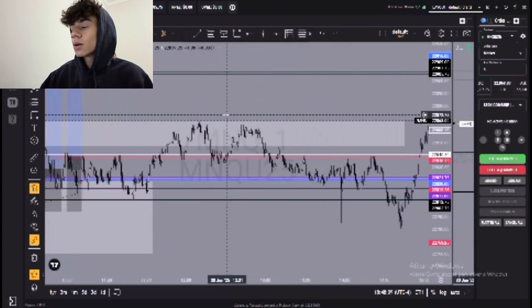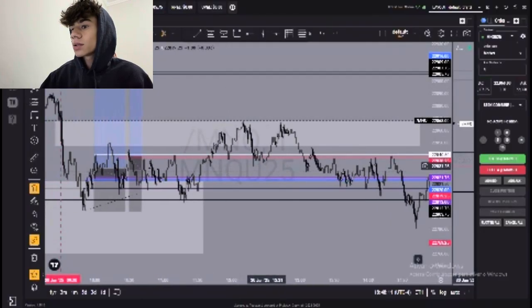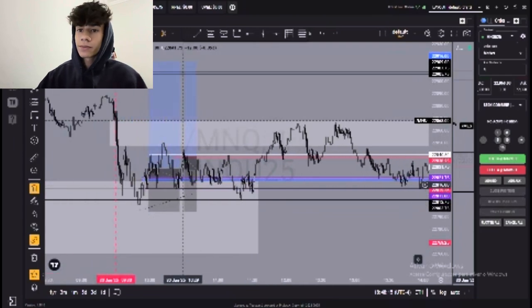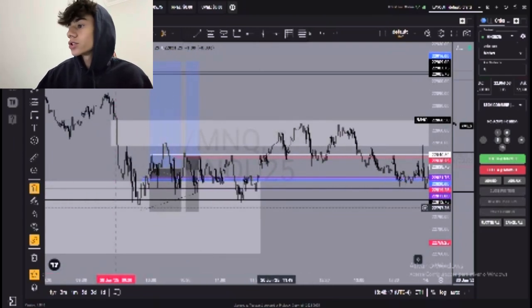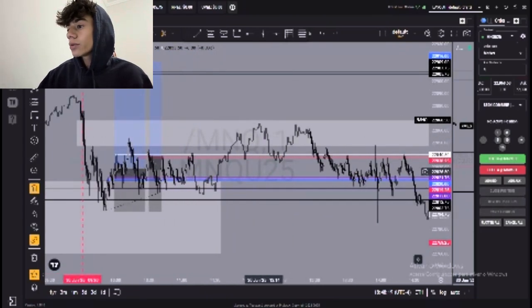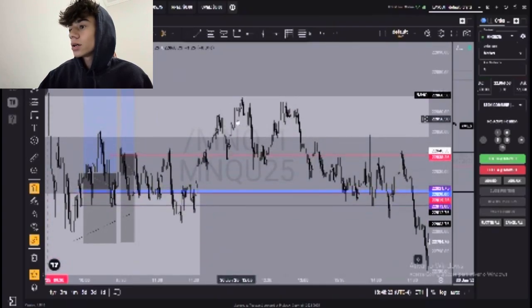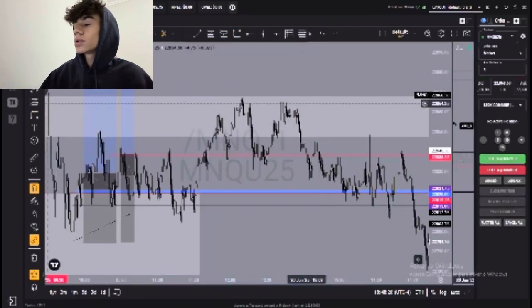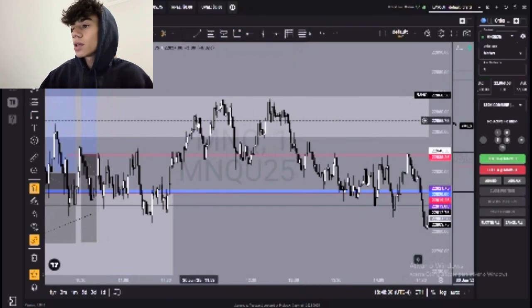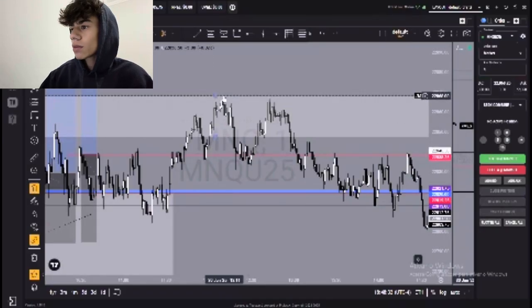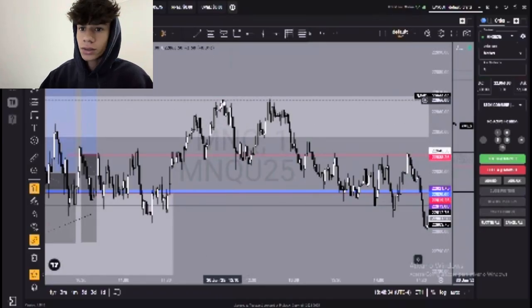And once I saw that price tapped into it and rejected it, I got a little bit scared, but it was all good. We just chopped a bit more. We came down. Then my first TP was around right above this fair value gap to get inversed. Right here, it almost tagged the partial, but then we came down.